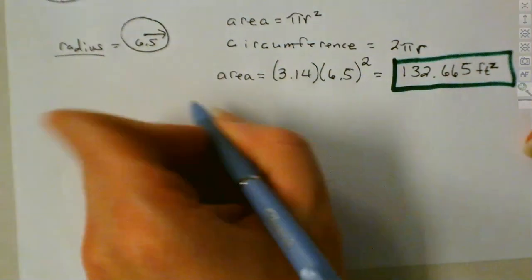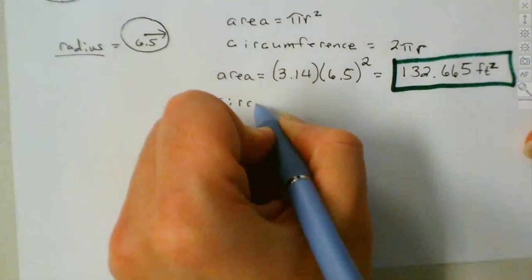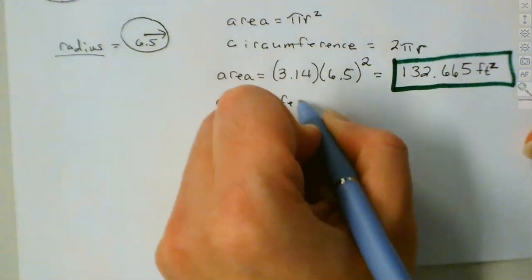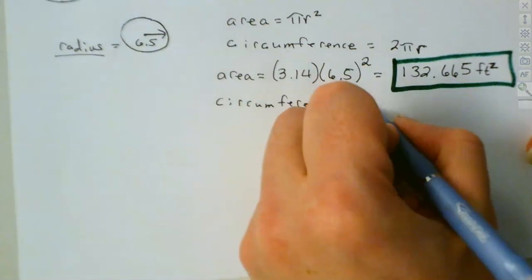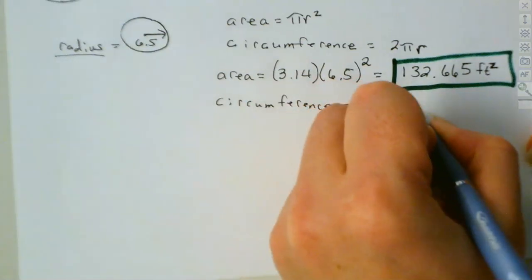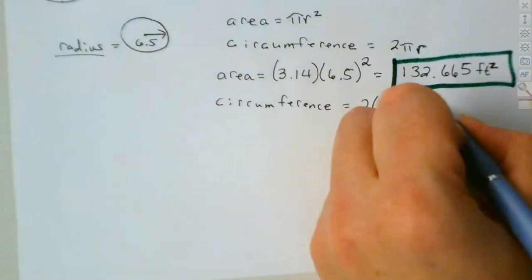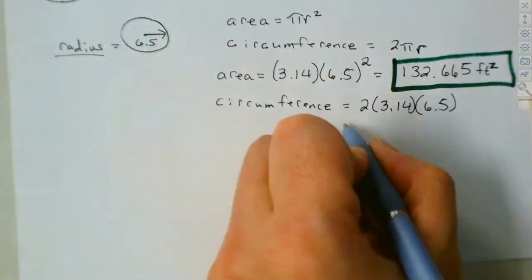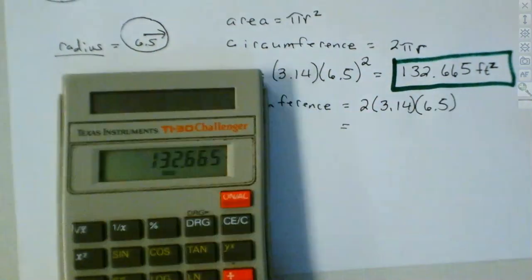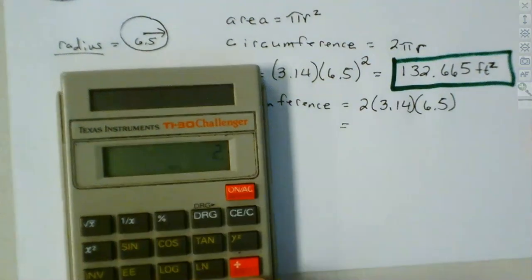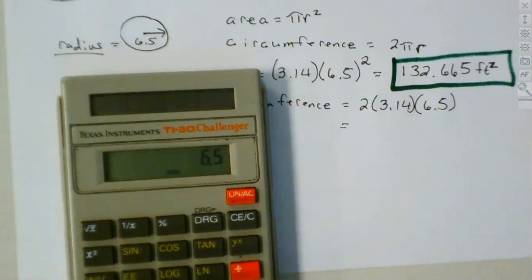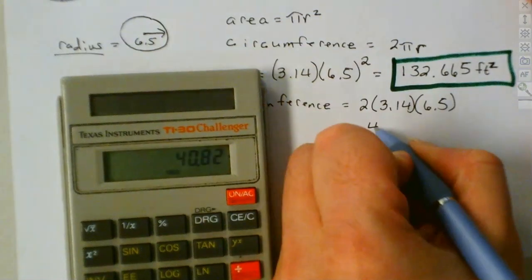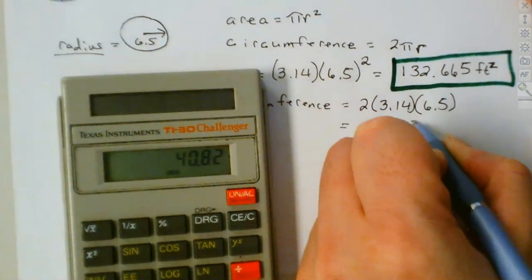Now the circumference we just multiply. And what would the circumference be? It would be 2 times 3.14 times 6.5. And now that comes out to be what? Okay. That comes out to now be 40.82.